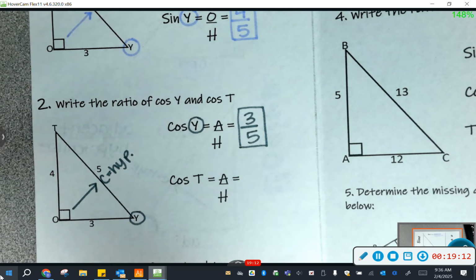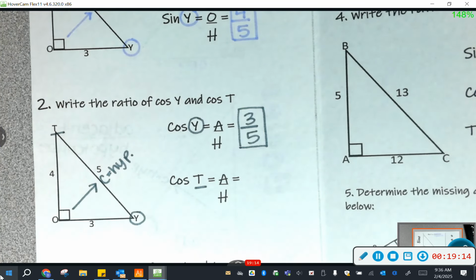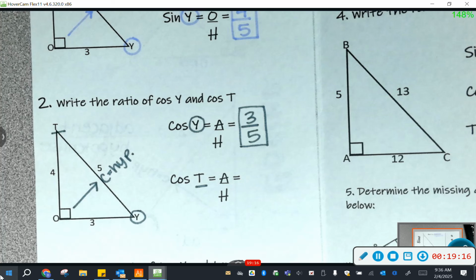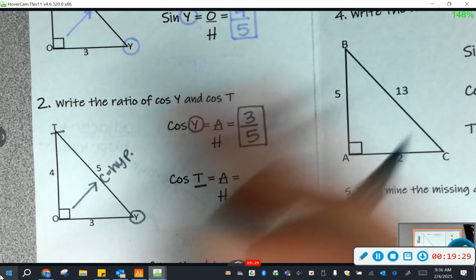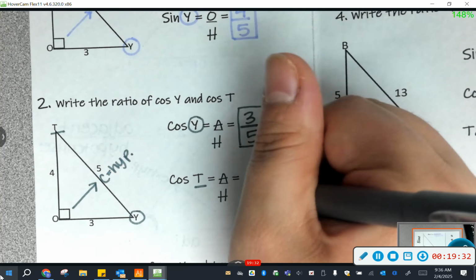You do the next one on your own with T. What is adjacent over hypotenuse for T? What's adjacent to T? 4. What's my hypotenuse? 5.